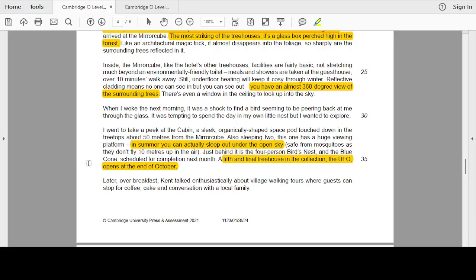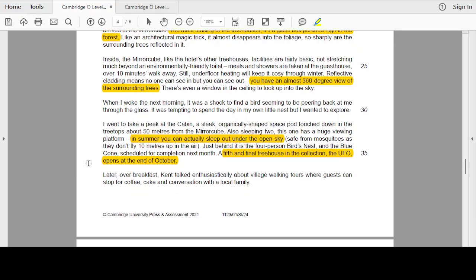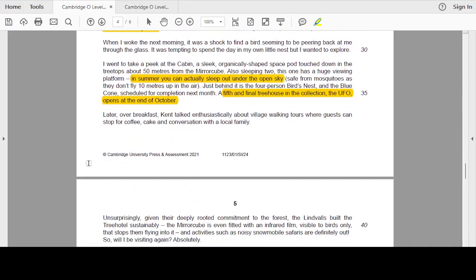Okay. So same point. All right. So let's take a look at the last few lines. Line 37.